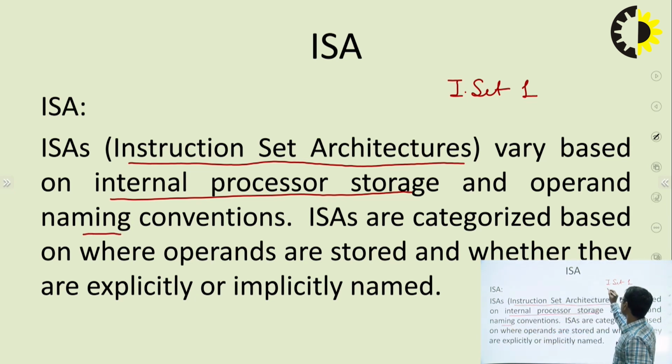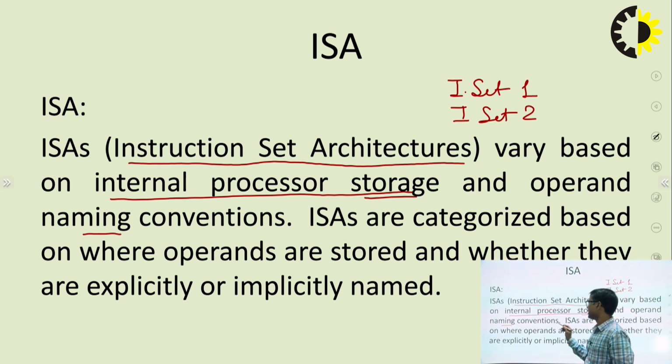Likewise, for another instruction set computer 2, the storage reference and the naming convention will vary. So ISA means the set of instructions that an organization supports for storage; it is the language of basic instructions available from an organization that can be executed.